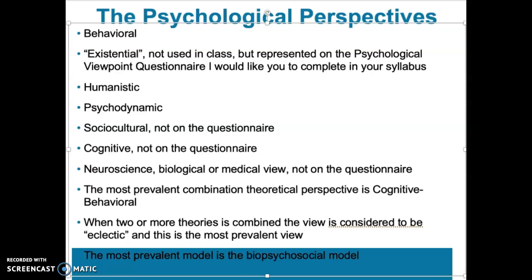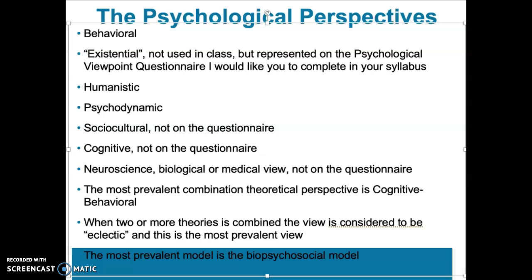Again, the sociocultural view really just looks at behavior through the norms, values, and expectations of your culture. And I will talk about that a little bit in our class. And then the cognitive view, which is a very prevalent, very strong, highly regarded view, and that's not on the questionnaire either.